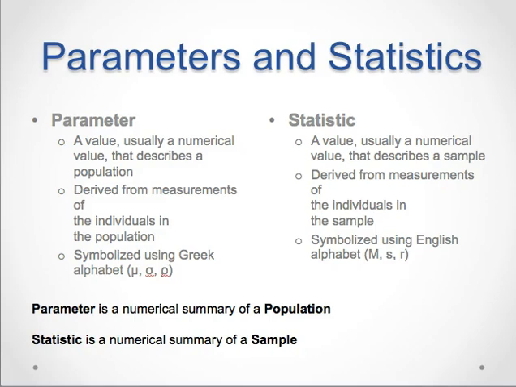Statistics are symbolized using the English alphabet: capital M for sample mean, lowercase s for sample standard deviation, and lowercase r for correlation coefficient, or sample correlation coefficient. A statistic, or statistics, are numerical summaries of a sample.